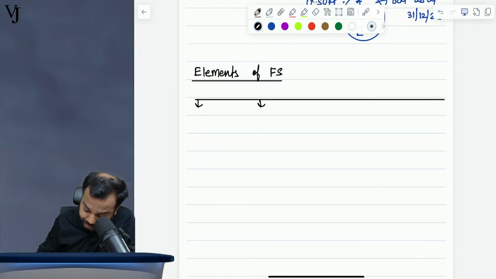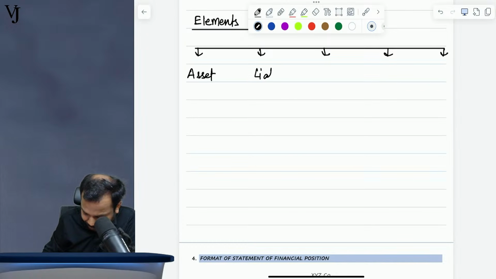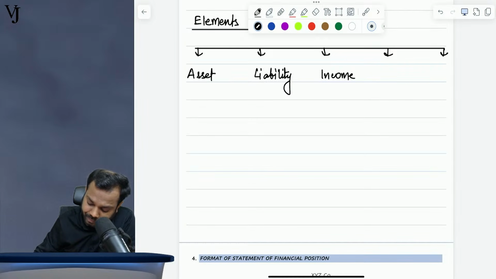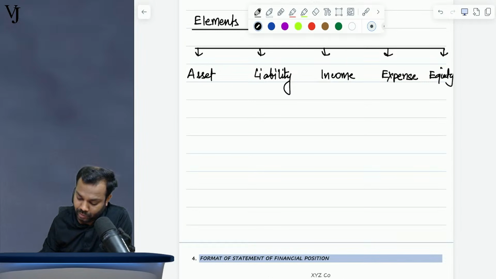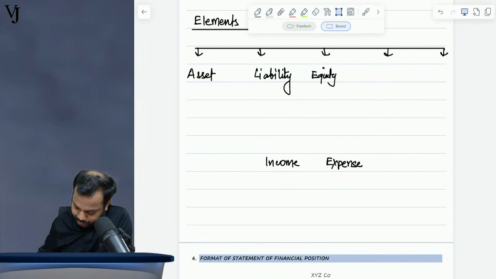There are 5 elements: asset, liability, income, expense, equity. Equity will come up here, income will come up here, expense will come up here.